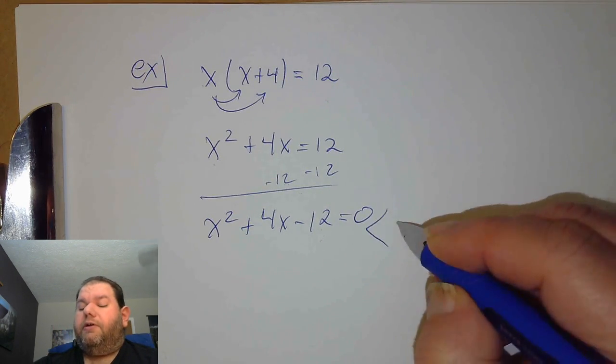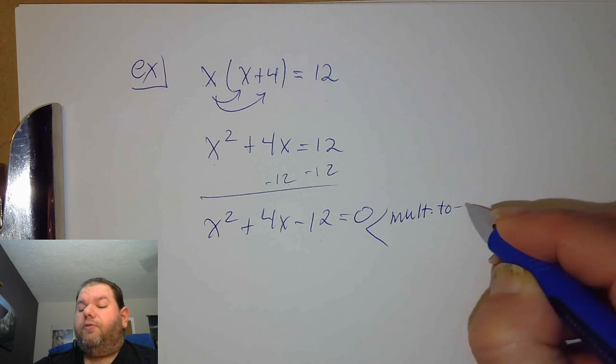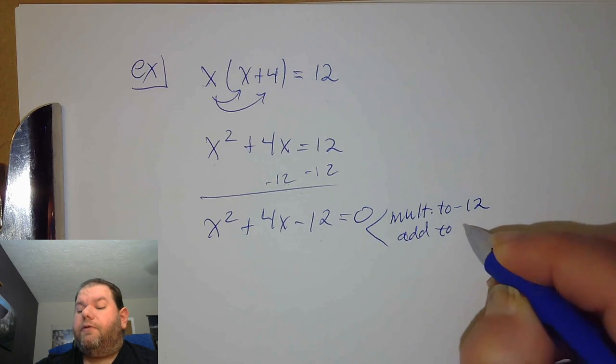Alright, and now we need two numbers that multiply to negative 12 and add to positive 4.